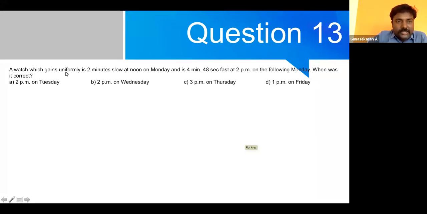A watch gains uniformly, so it is a fast clock. It's 2 minutes slow at noon on Monday. So at that time it is 11:58 Monday.